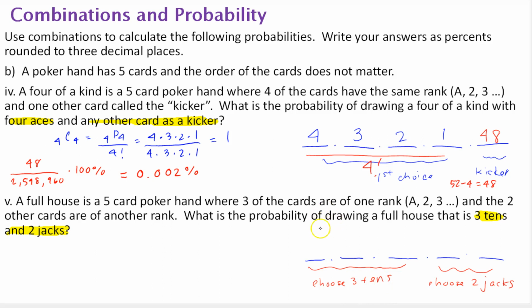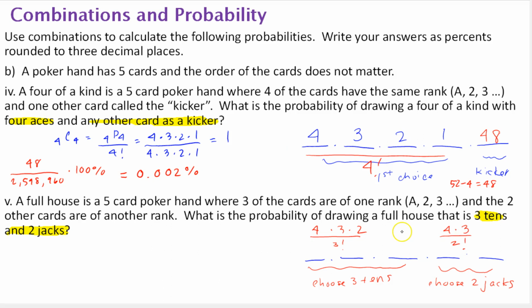I'm going to actually write this a little bit higher. So we have 4 choices, then 3, then 2. But remember, this is a combination, so we would divide by 3 factorial. Okay, so this is the number of ways to choose 3 tens, and the number of ways to choose 2 jacks. Well, we have 4 jacks, so it's 4 times 3 over 2 factorial.